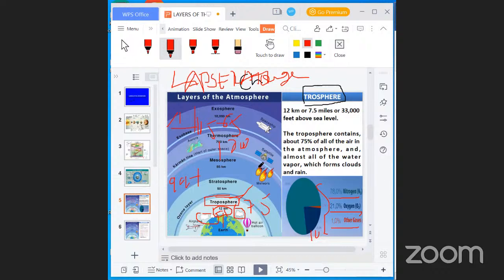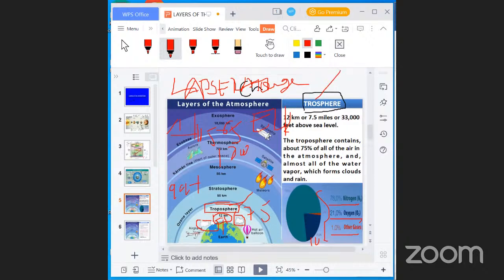Now remember there is a temperature decrease with increasing altitude in the troposphere. This is also called the normal lapse rate or environmental lapse rate, that is ELR, environmental lapse rate. So this is the first layer of the atmosphere, that is the troposphere.